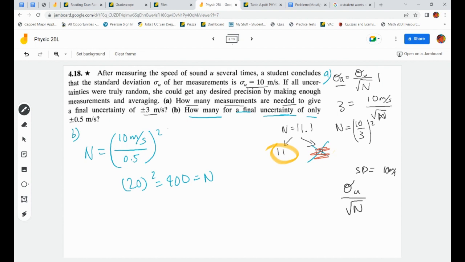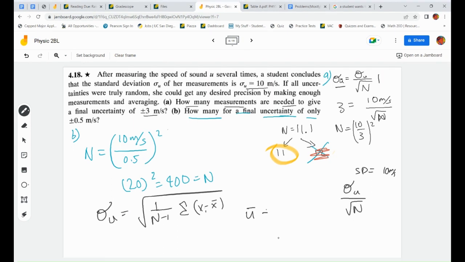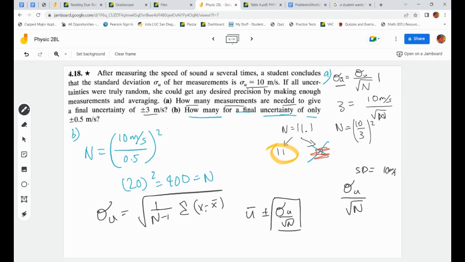Standard deviation is given by 1 over n minus 1 times the sum of the average minus everything else. And once you get the average, you need a plus or minus about the average, which means you need to do this divided by square root of n to get the average uncertainty.